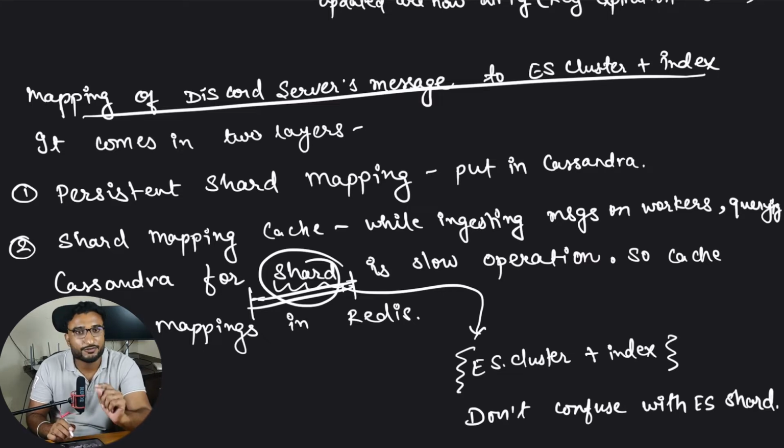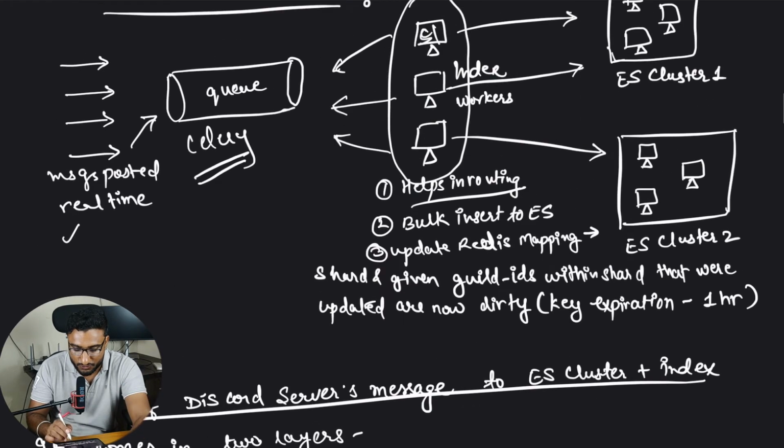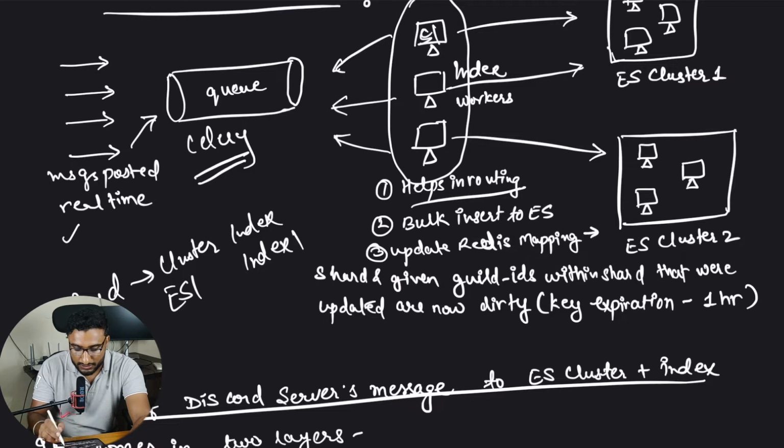Don't confuse it with the shard of Elasticsearch. When we say shard in terms of Discord, it means which particular ES cluster and which particular index. Let's say I define it as cluster ES1 and index 1. So this routing logic will determine which shard this data has to be stored in. So the first step is done.